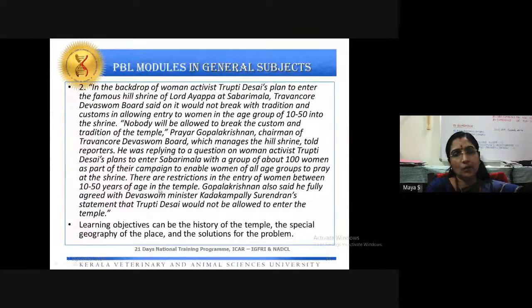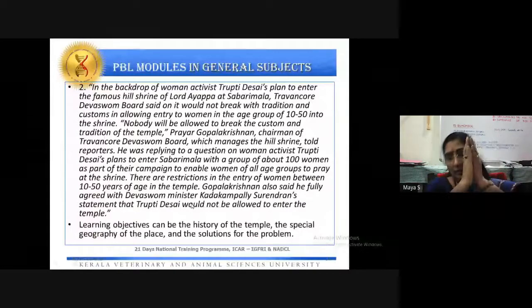Okay, so this piece of news was taken from the newspaper, and if we give such a problem to students, it can be given to a history student, for example, or even to a forestry student, for example, because that temple is situated in a forest area.